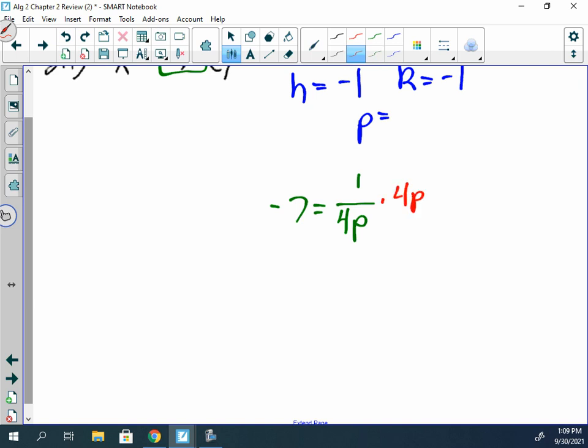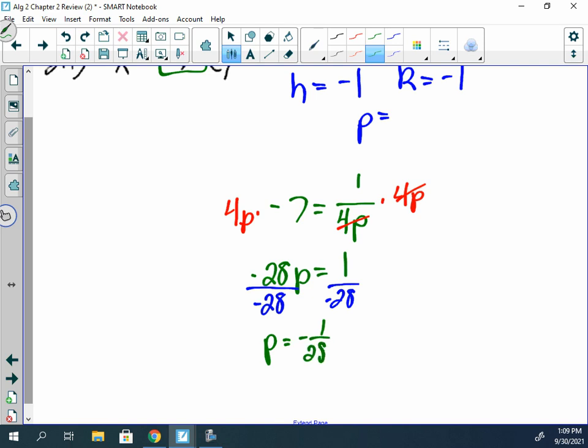Multiply both sides by 4P. Those will cancel, telling me that -28P is equal to 1. Then we divide both sides by -28 and get that P is equal to -1/28.